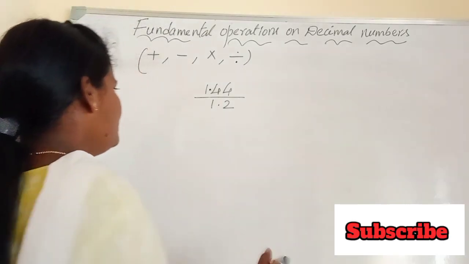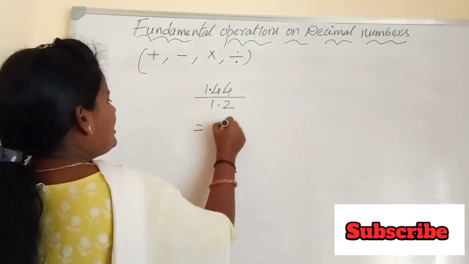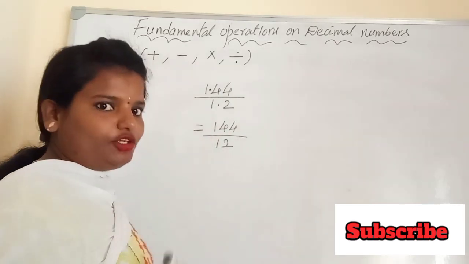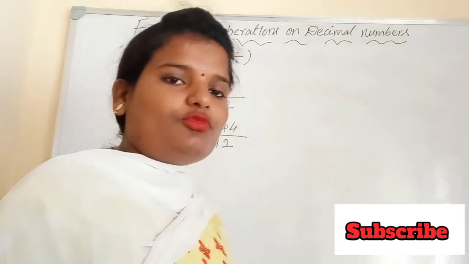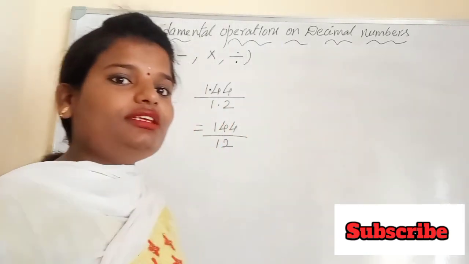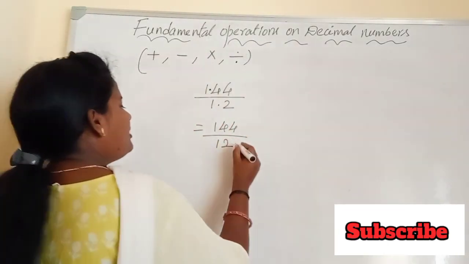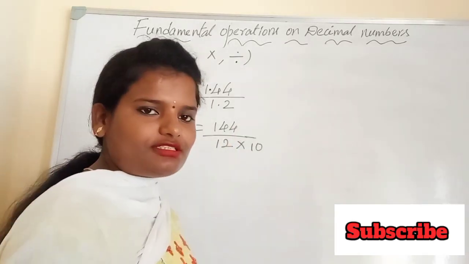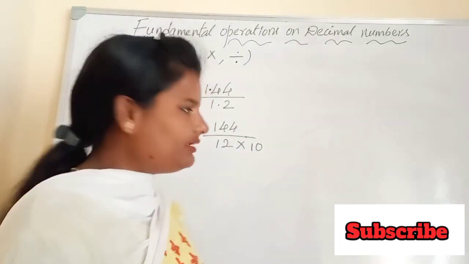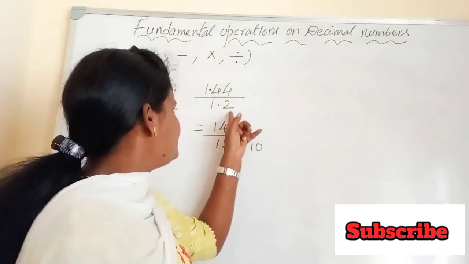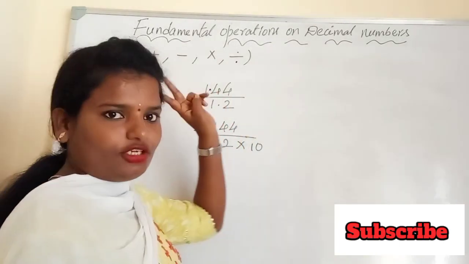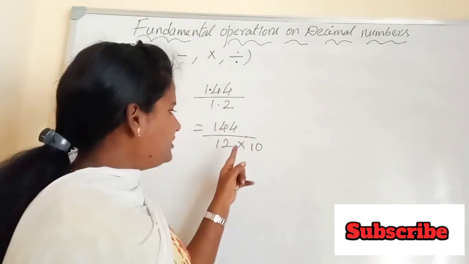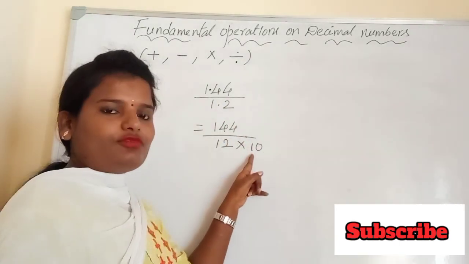So now we ignore the points, and since only the numerator has more digits after the point, in the denominator we have to take 10. Why? Because after the point here 2 digits are there and here only 1 digit, so one more 0 is required.